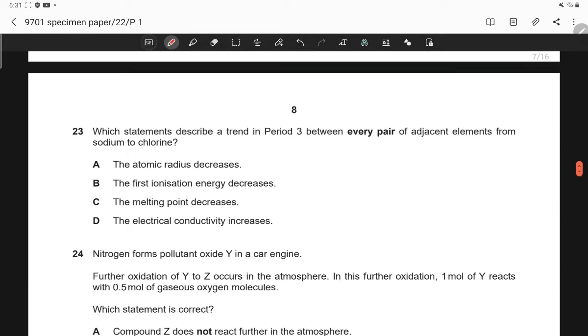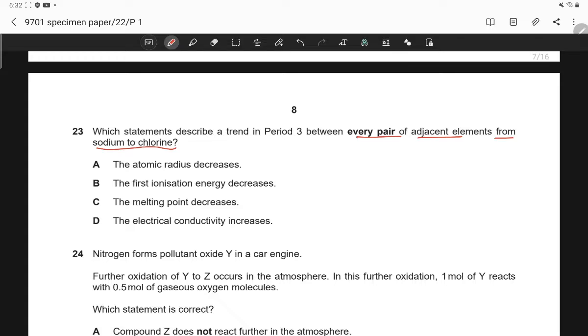Now 23. Which statement describes a trend in period 3 between every pair of adjacent elements from sodium to chlorine?